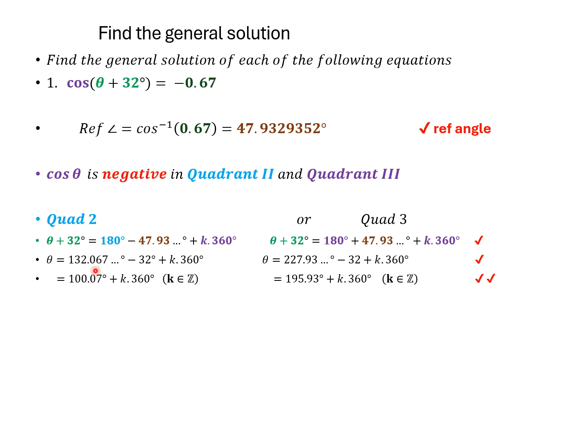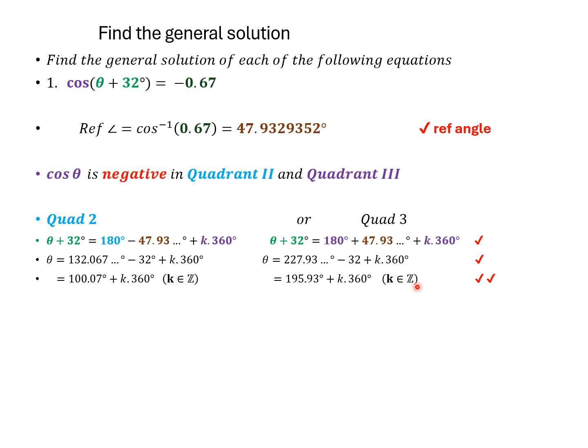So 132,067 minus 32 gives me 100,07 plus k times 360. And 227,93 minus 32 gives me 195,93 plus k times 360. 2 marks there for simplifying. And very important, we have to specify that k is an element of the integers.